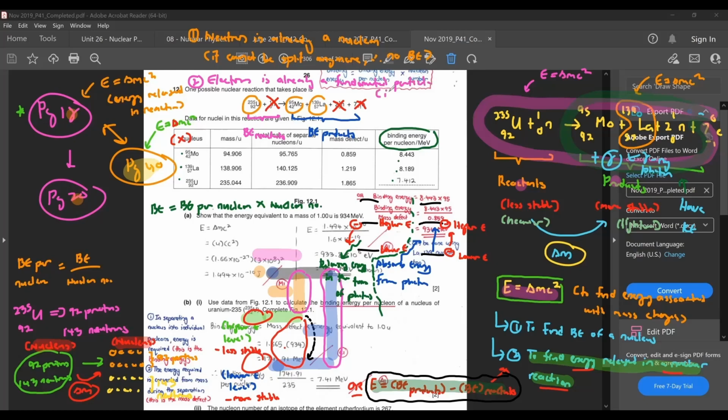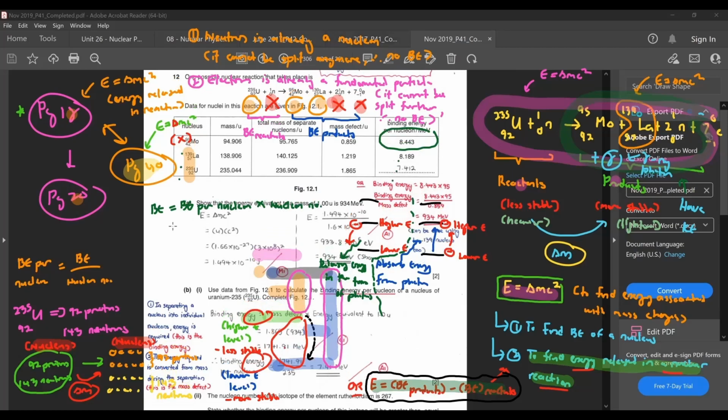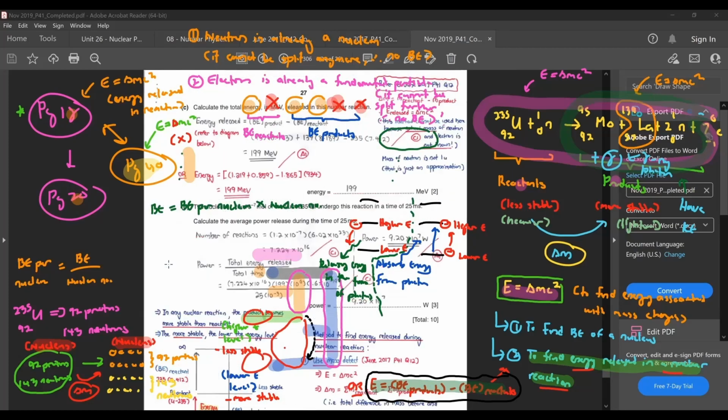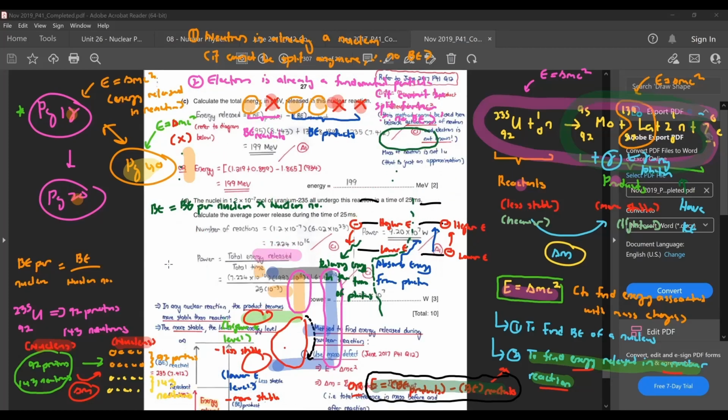Same reasoning. It cannot be split further. Therefore, no BE. With these two in mind, that's the reason why you don't even bother finding the BE for neutron and electron. You are really only summing up the BEs for these elements listed in your table. Then you look at the workings, it will be something like this.